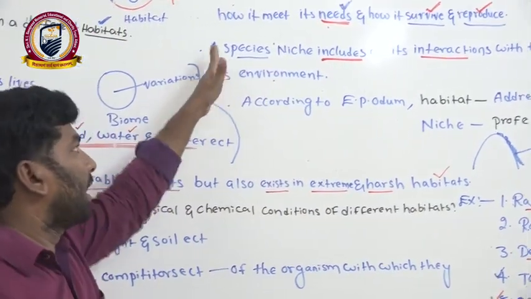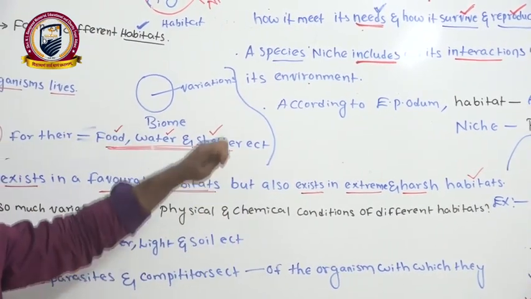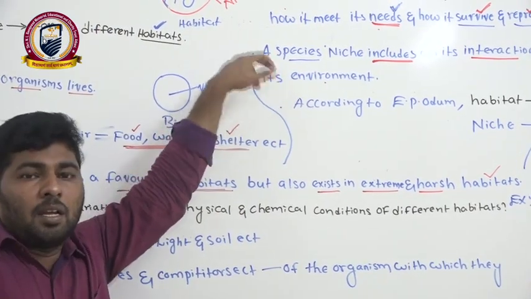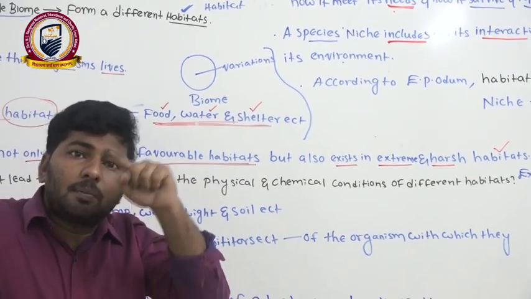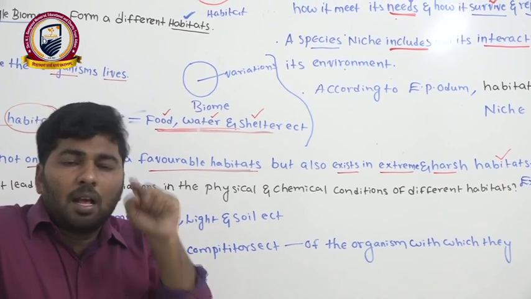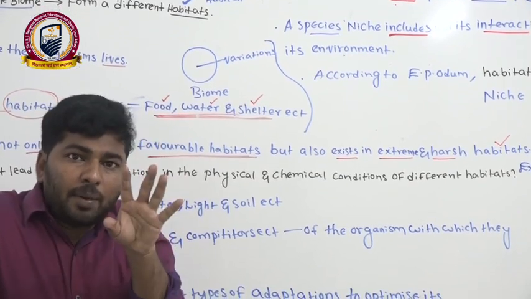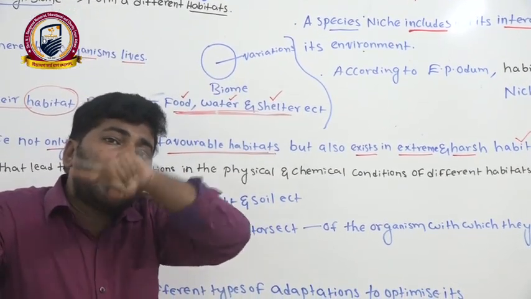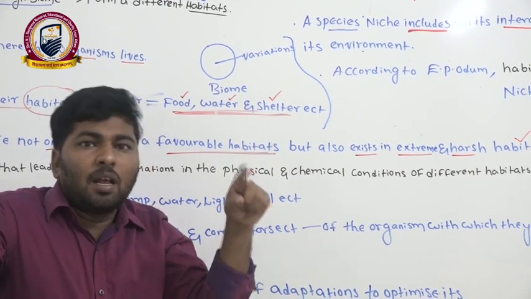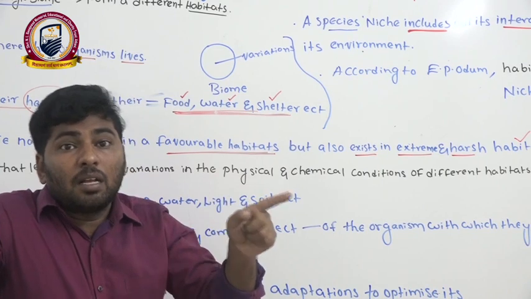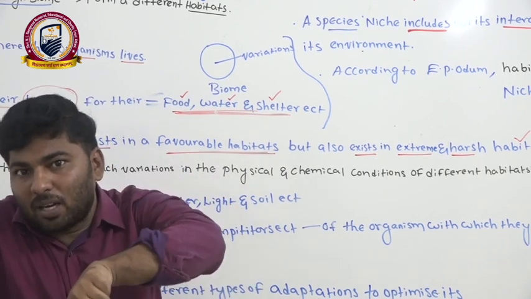Clear? Then only they can survive. For example, here is one simple example. One honeybee you can take. The honeybee is one of the species, present in a particular niche. How is that honeybee interacting with the flower of the plant, as well as with the water?